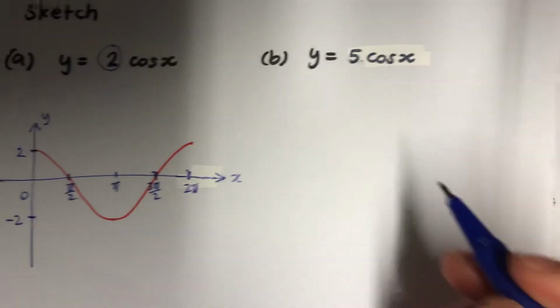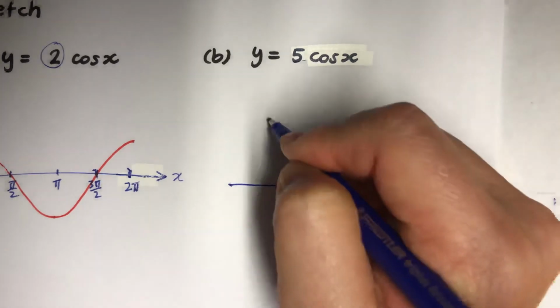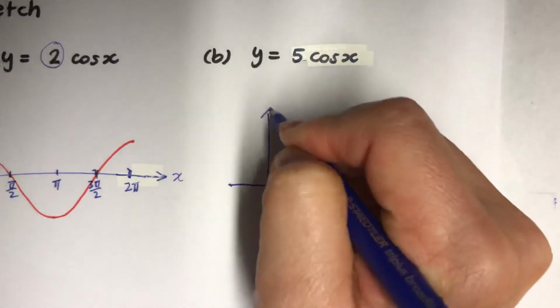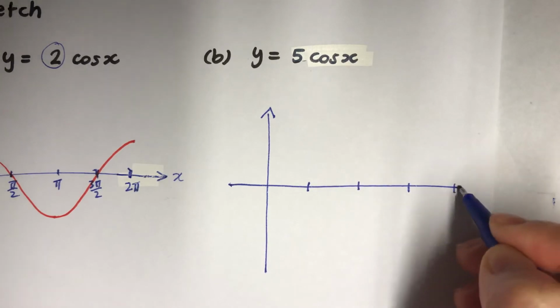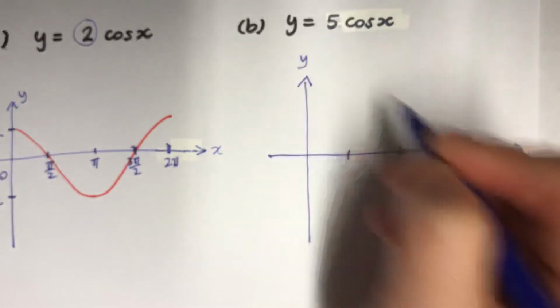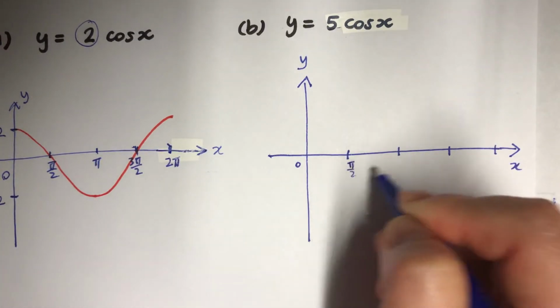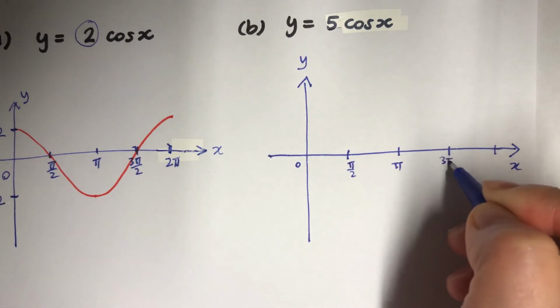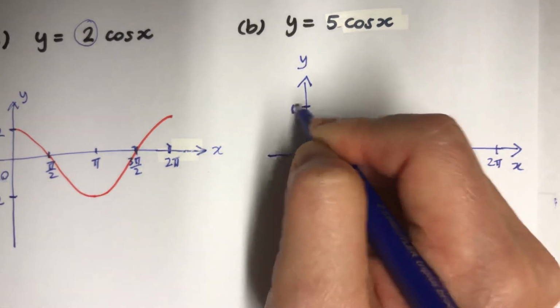Okay, next one. Exactly the same, but this time it's going to go up by 5. I'm just going to be careful with how much you're spacing out. Okay, so that's my y, that's my x. 0, pi over 2, pi, 3 pi over 2, 2 pi, and I'm going to assume that's 5.